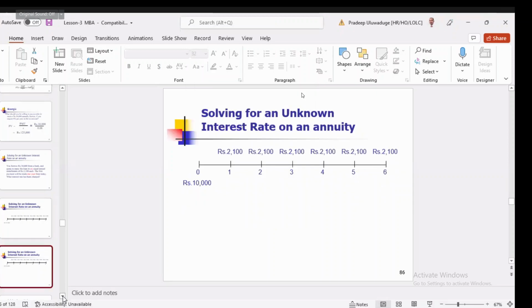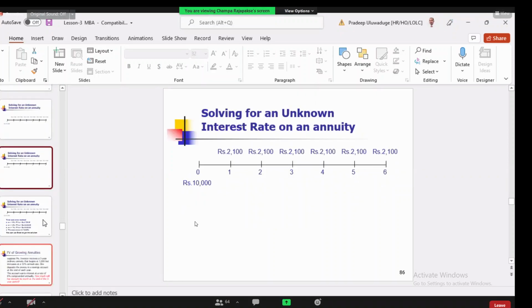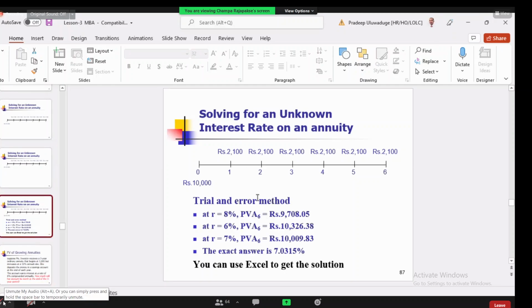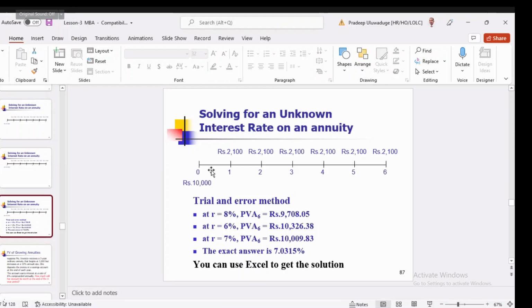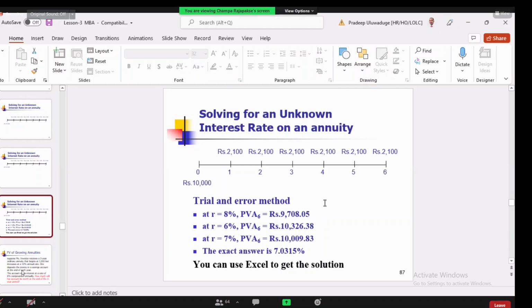So what are we supposed to do if we are handling it by hand? This is a present value, and you can use the present value of annuity formula because you know the present value, the periodic payment, and the number of years. So you can have 2,100 multiplied by (1 minus 1 over (1 plus r) to the power 6) divided by r, and then you have to solve for r.